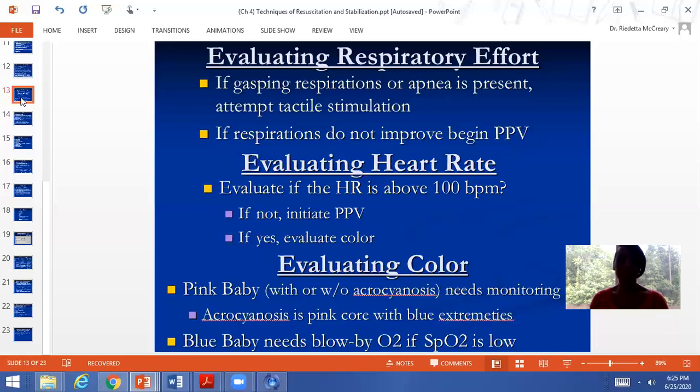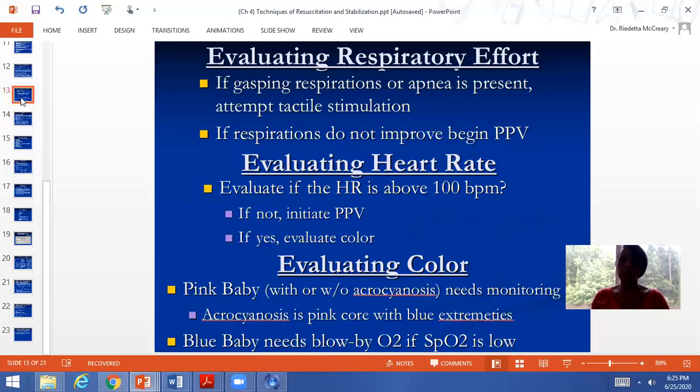However, some pink babies can have signs that the baby is not transitioning well. So if the core is pink, that's your abdomen, your chest cavity, abdominal cavity, neck, and head are all pink or normal skin color for that baby, but the arms and legs are blue, we call that acrocyanosis.